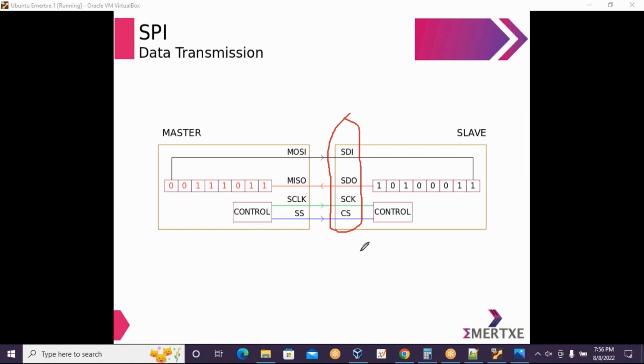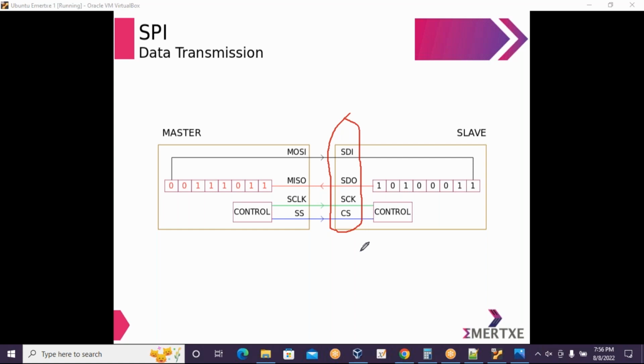Because this is never going to act as a master. That is why a slave manufacturer gives the names SDI, SDO, SCK and CS. SDI stands for slave data in, SDO stands for slave data out, SCK stands for serial clock, and CS stands for chip select.